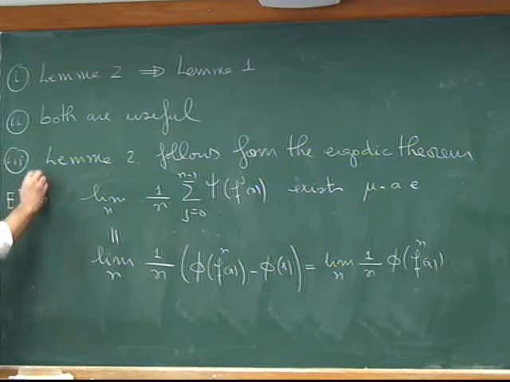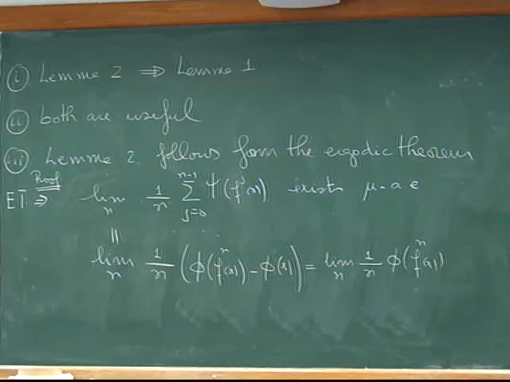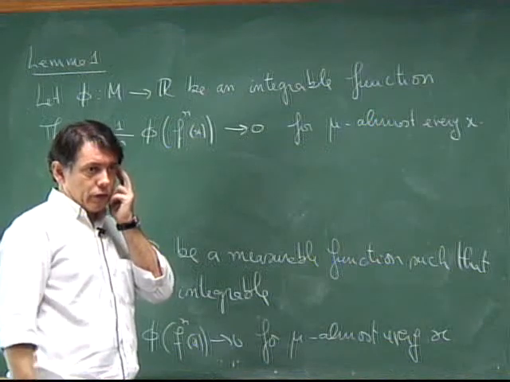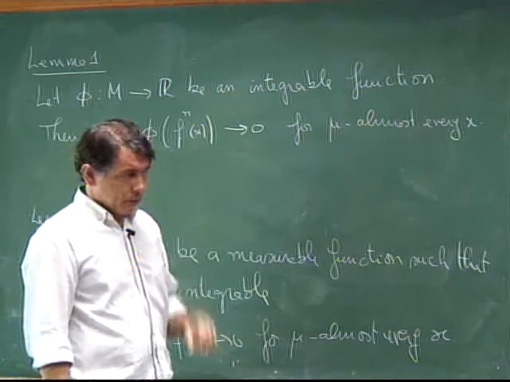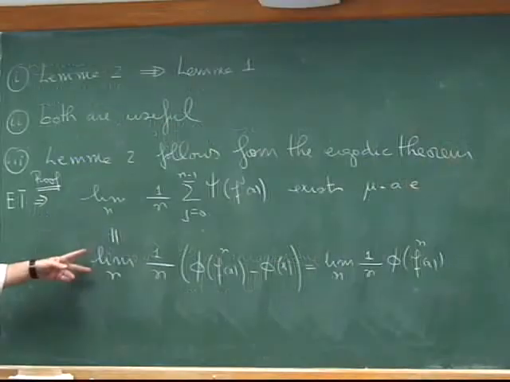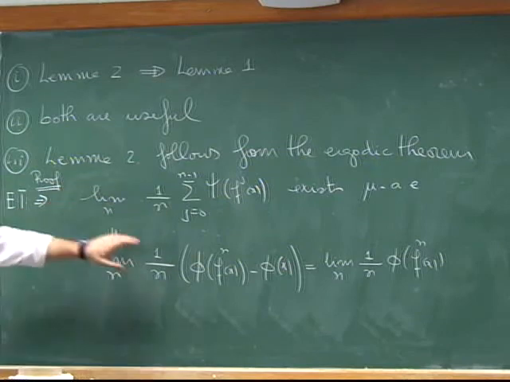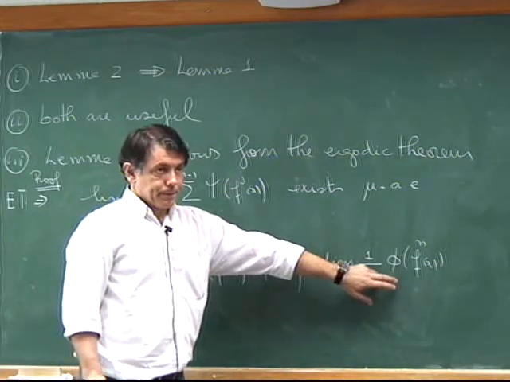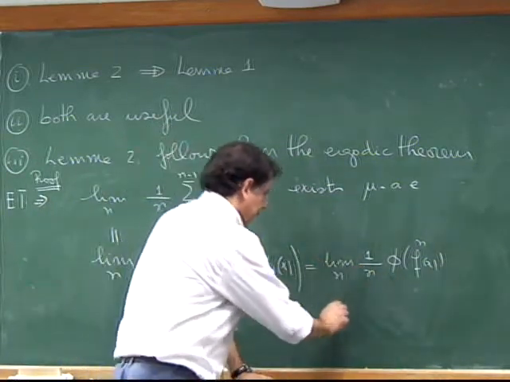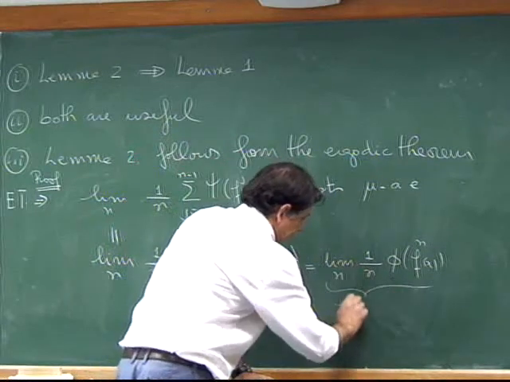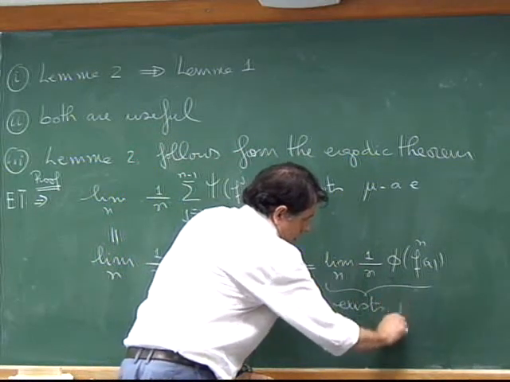So this is the proof. I'm proving lemma 2 using the ergodic theorem. I don't know how to prove lemma 2 without using the ergodic theorem. I'm not done with the proof yet. The only thing I proved is that this limit exists almost everywhere.